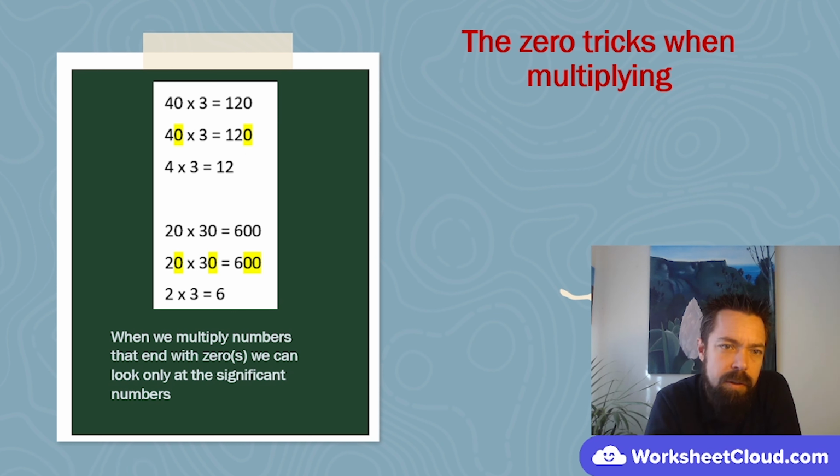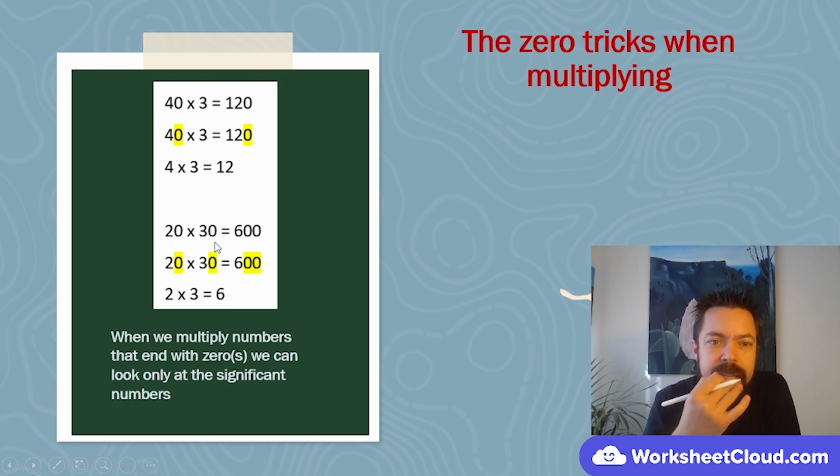So I could just start off by putting a 0 at the end, and then multiply the 2 significant numbers. By significant numbers, I mean the numbers that are not 0. If I get this problem, 40 times 3, I can say 4 times 3 is 12, and then I just move the 0 onto the end. So 40 times 3 is 120.